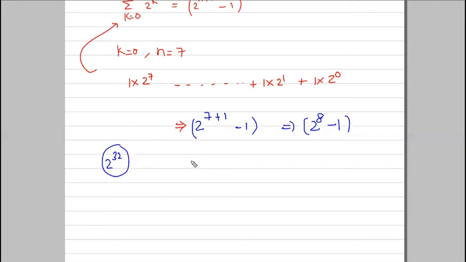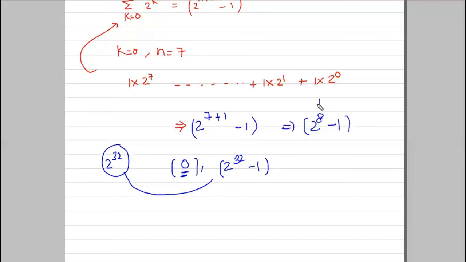So if we have chosen 0 as a minimum number, then the maximum number would be this number minus 1. So 2^32 minus 1 would be the maximum number we can generate out of that binary format.